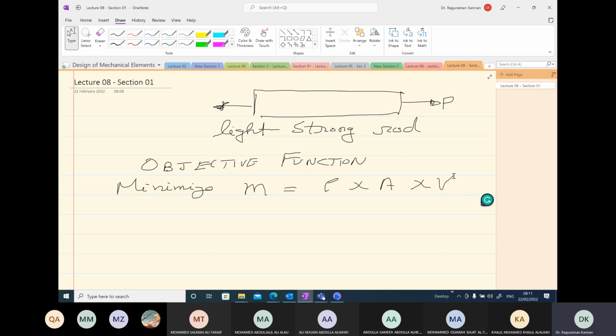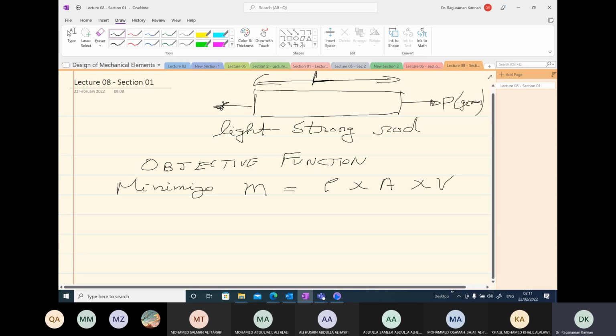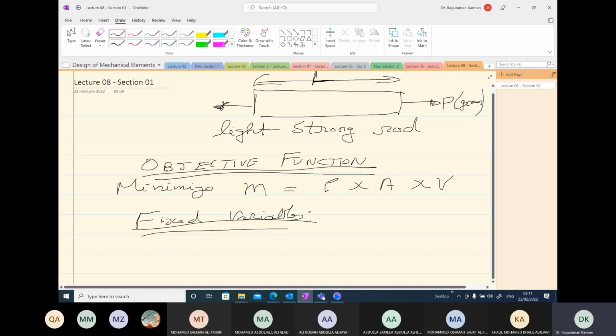Now let's give some fixed variables. The rod length is fixed. Any other dimension we can think about? P is given. And that's about it. So let's underline these.